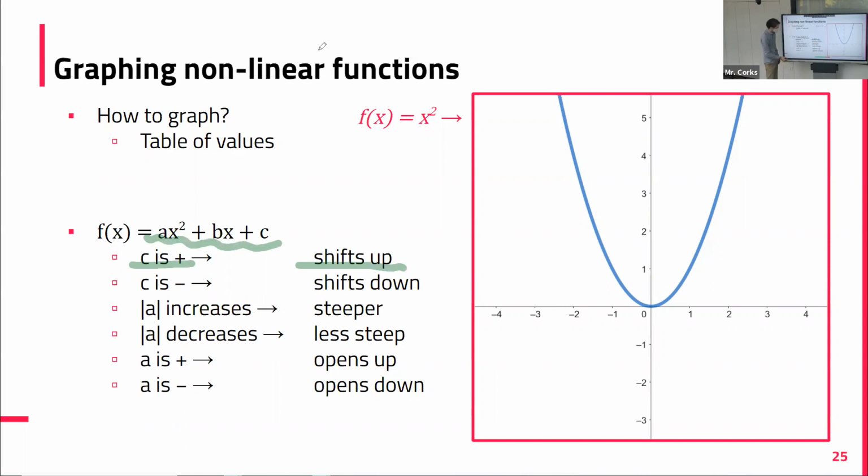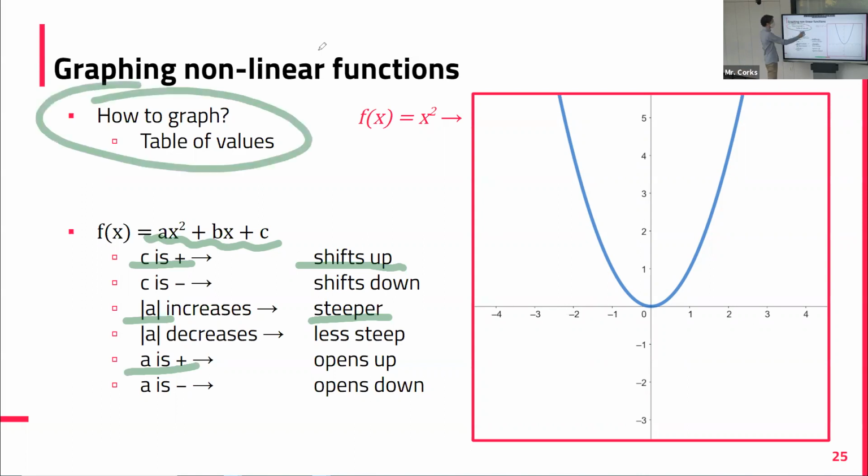If it's negative, it goes down. If the absolute value of A is larger, then everything gets steeper. And if it's decreasing, then it will become less steep. And if the sign on A is positive, the thing is going to be opening upward. And if it's negative, it's going to be pointing downward. So those are the three things.